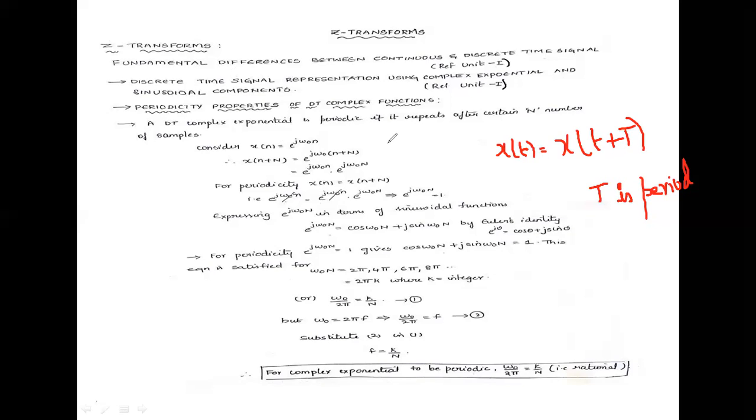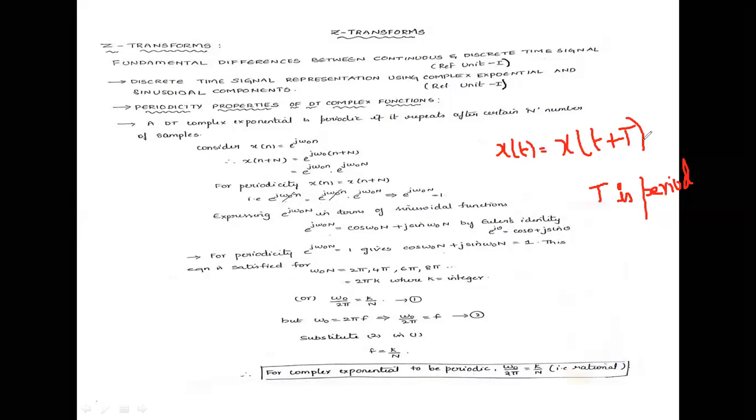The given signal is periodic, which means x of t is equal to x of t plus capital T, where capital T is the fundamental period. Even if you add T to the given signal, it is equal to the same. At equal intervals of time, the signal is repeated with the period of T.